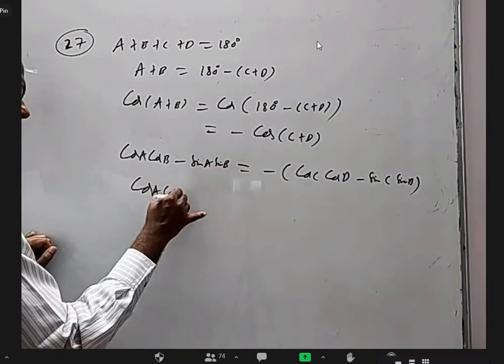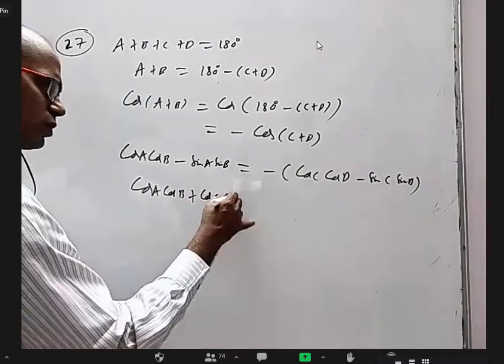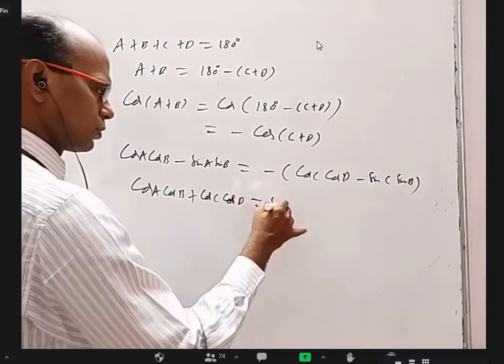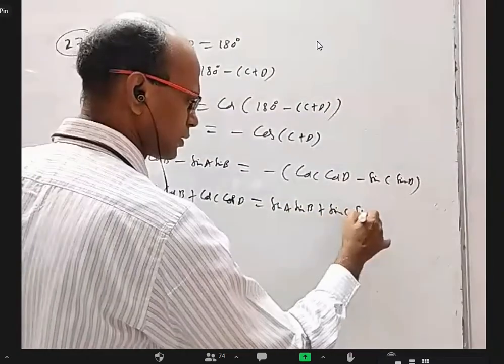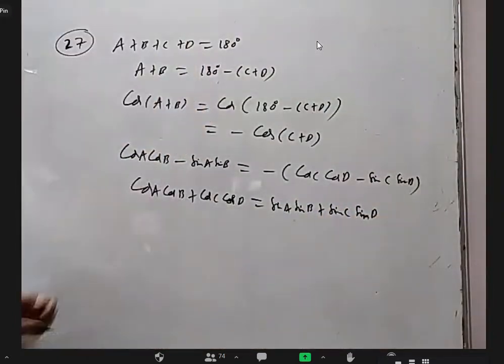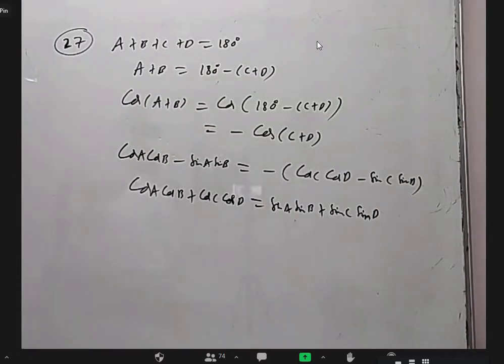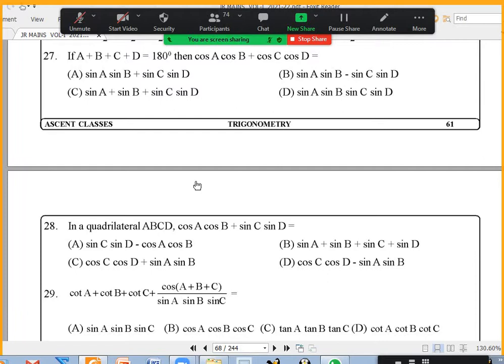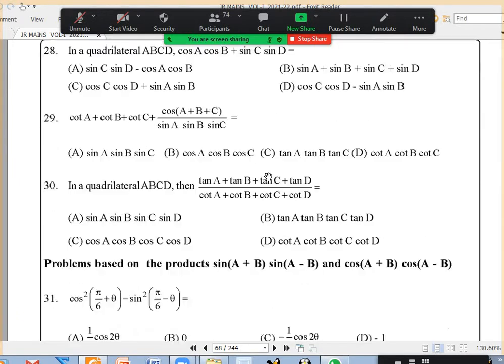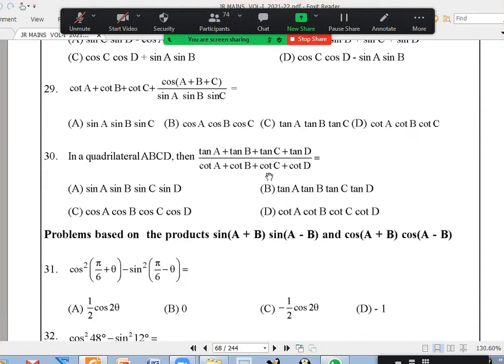We get cos A cos B plus cos C cos D is equal to sin A sin B plus sin C sin D. We got both the question and answer.